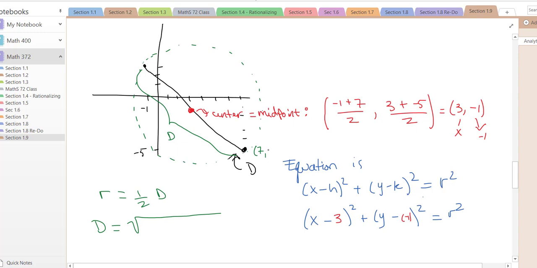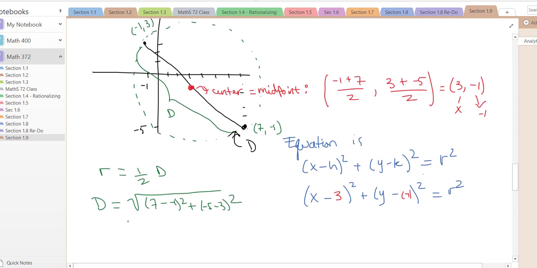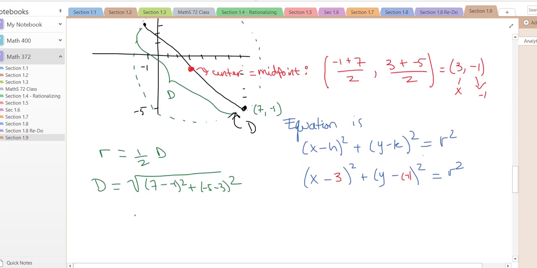This was 7, -5, and this one was -1, 3. So the distance is the change in the x's, so 7 minus -1 squared plus -5 minus 3 squared.